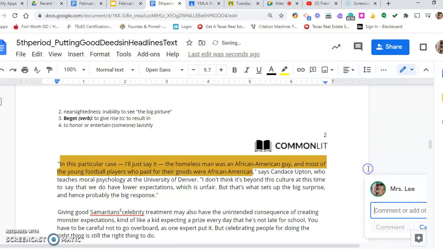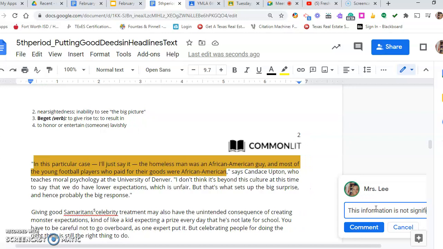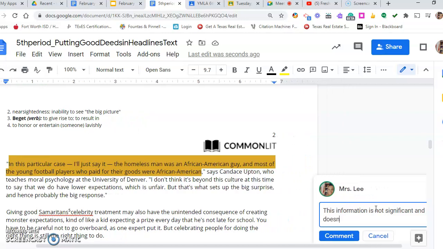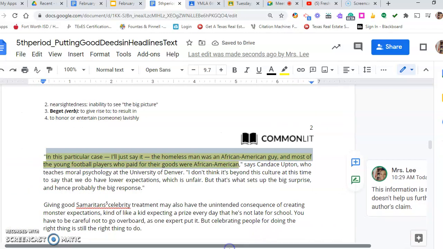So I'm going to say this information is not significant, and doesn't help us further understand the author's claim. He's just giving us some details about who the people are, but it does not help us understand the claim more.